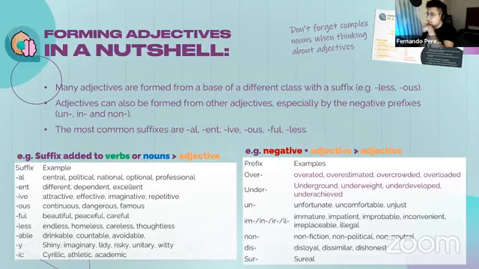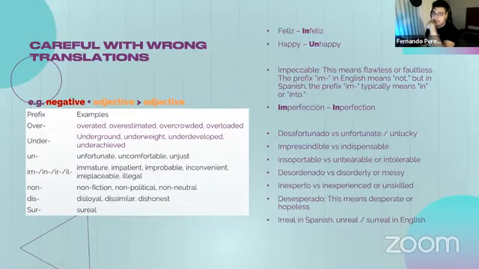So then let's go through our exercise, okay? Oh no, wait. Now that we covered the negatives, let's cover the suffixes. So we already have these ones. Let's go now to the list of suffixes.